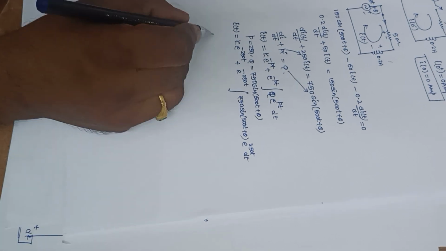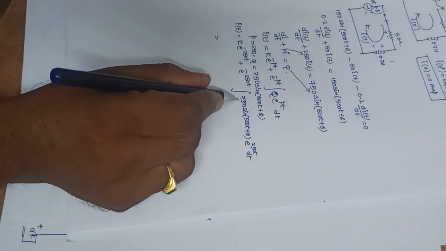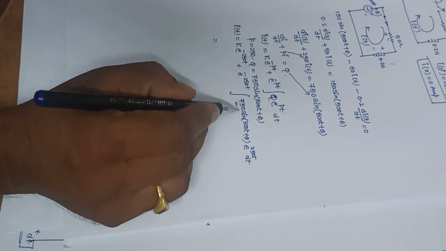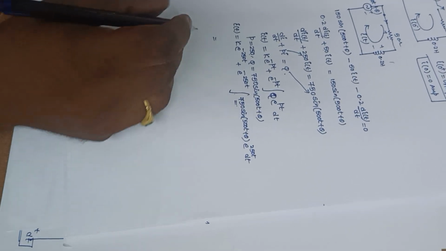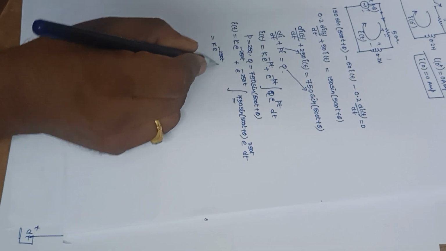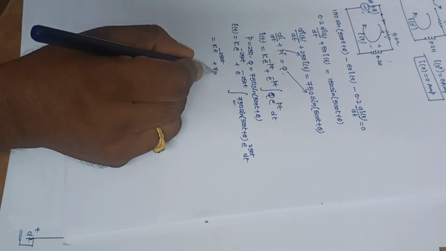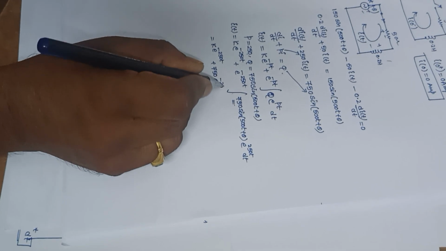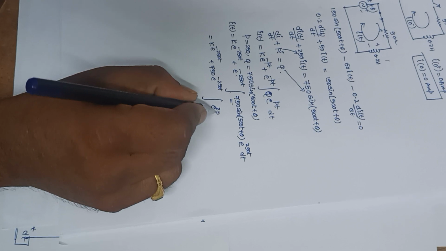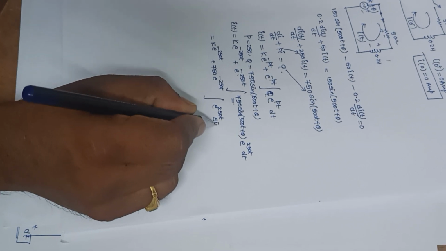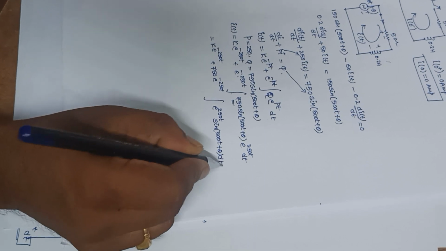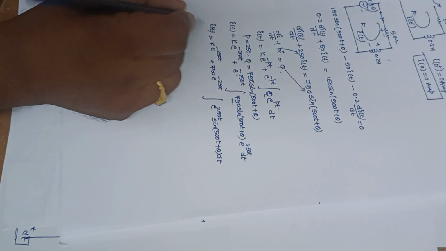Now 750 is a constant, it is not a function of time, so I can take it out from the integration. So this is k into e power minus 250t plus 750 into e power minus 250t, into the integral of e power 250t into sin(500t plus theta) dt. So this is I of t.